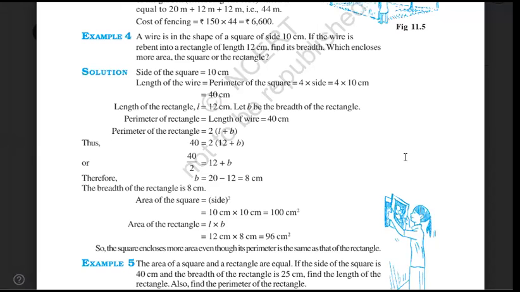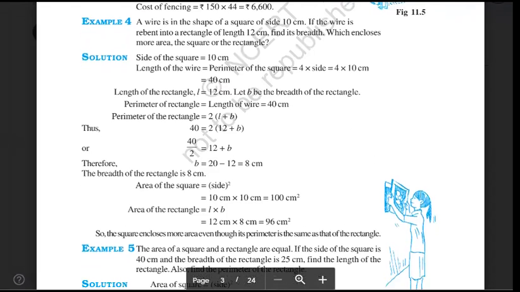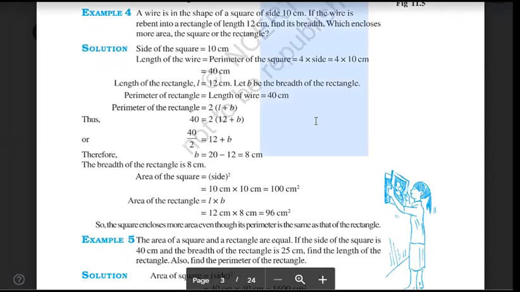Very good, very good. So area of square and rectangle are equal. What is given? So first try to calculate the area of square, right? And side of square is 40.